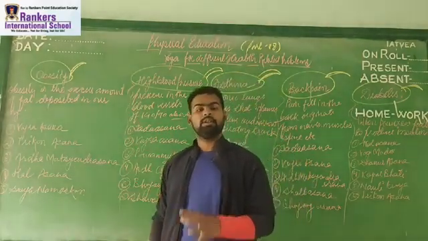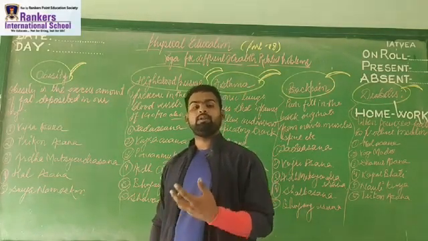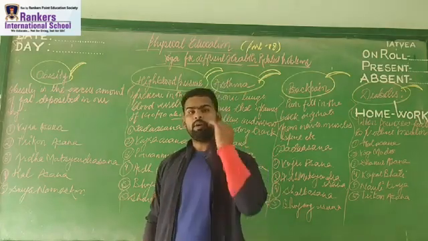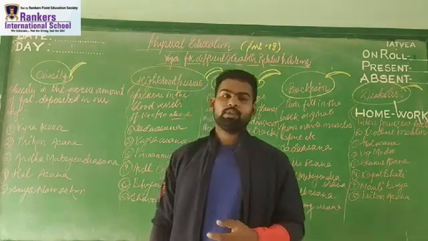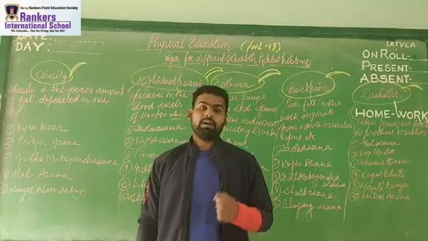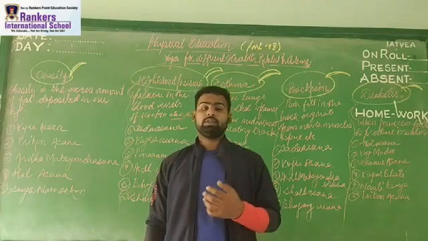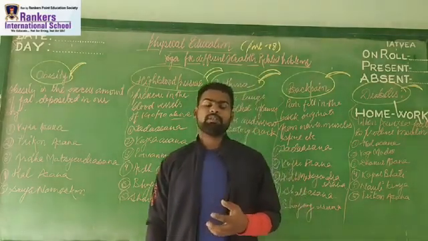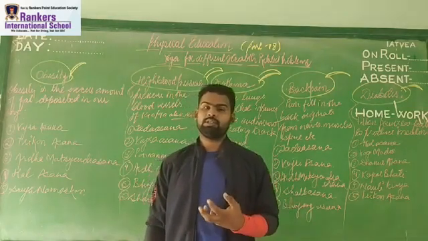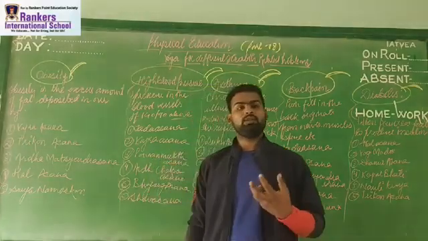What are the causes? Sedentary lifestyle. The cause is that the person is not doing physical activities. Physical activities are very, very important, otherwise there will be a lot of health related problems. If in the early morning you go for physical exercise, if you set a particular time for doing some physical activities, then you will see a lot of changes in yourself.